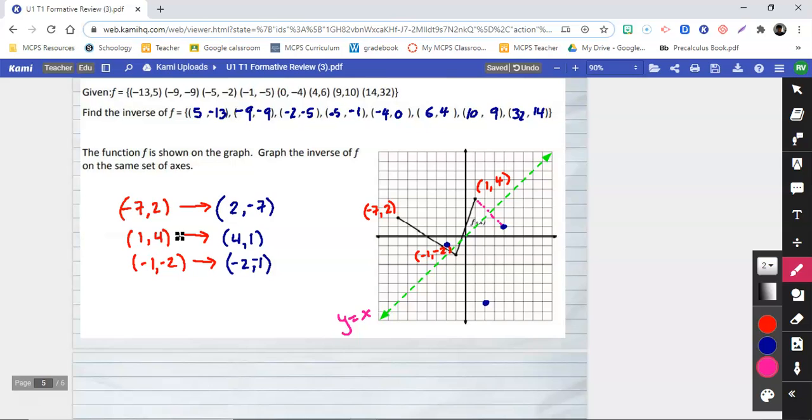So the 1, 4 is reflected over that y equals x. The negative 1, negative 2 is reflected over the y equals x. And the negative 7, positive 2 is reflected over the y equals x. And there you have it. I hope this helps.